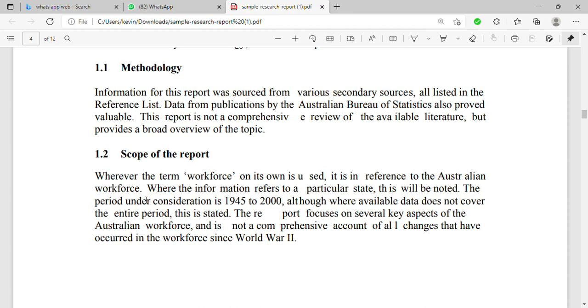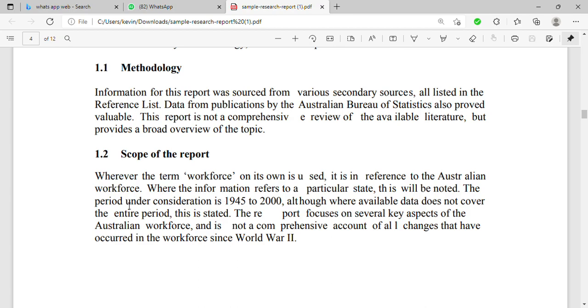So the scope of the report: wherever the term workforce on its own is used, it is in reference to the Australian workforce. Where the information refers to a particular state, this will be noted. The period under consideration is 1945 to 2000, so this is the time scope.